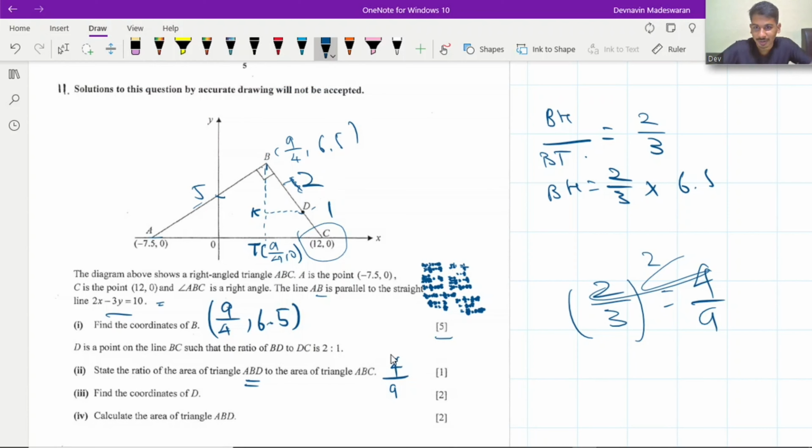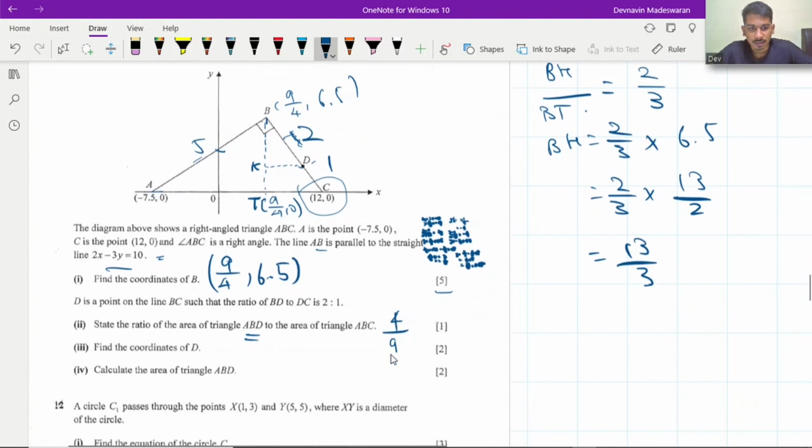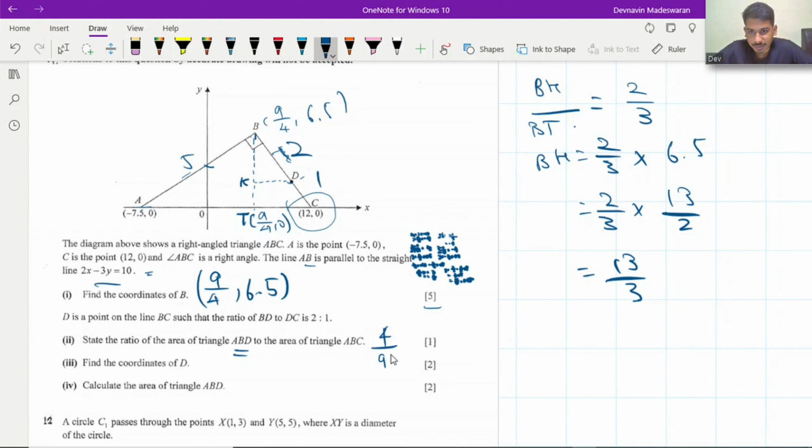Oh my god, sorry. Okay, back again. Using that logic, it's going to be 2/3 times 13/2, which is 13/3. So BK is 13/3.